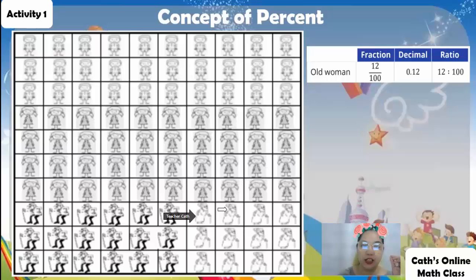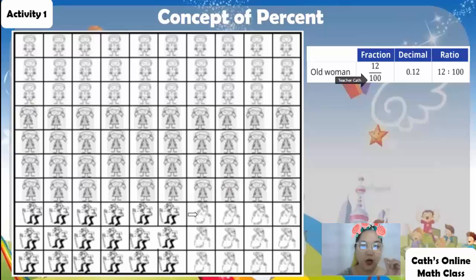So let's take a look at the old women. All of the persons here total 100, so that will be our second term. How many old women are there?